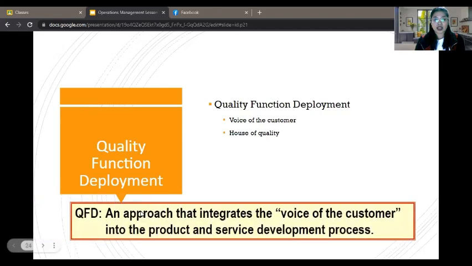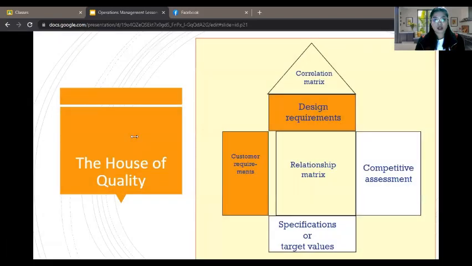When we say QFD approach, this integrates the voice of the customer into the product and service development. For the house of quality, we have the correlation matrix, the design requirements, the customer requirements, the relationship matrix, the competitive assessment, and the specifications or target values.